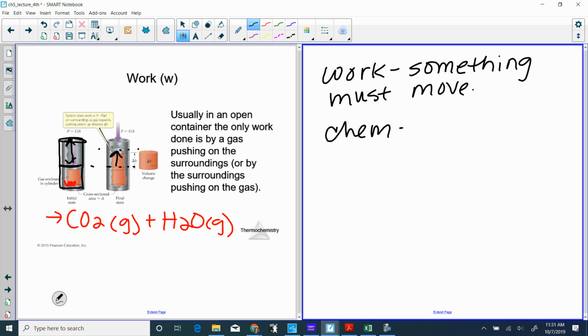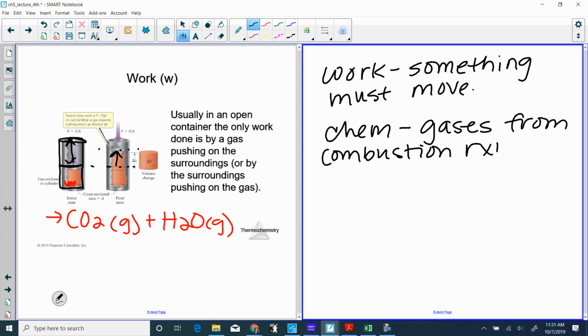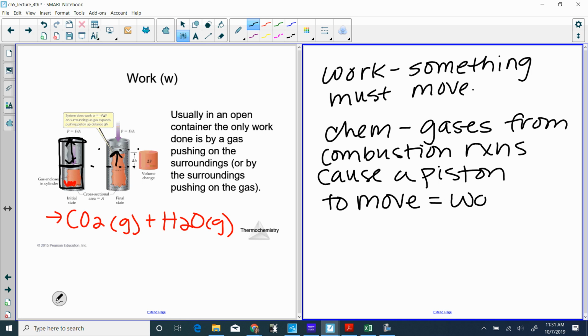So in chemistry, gases from combustion reactions cause a piston to move, which is where the work comes from.